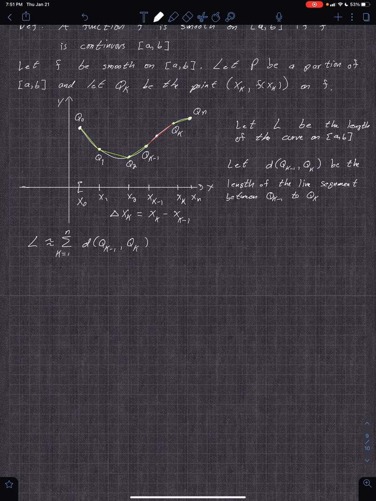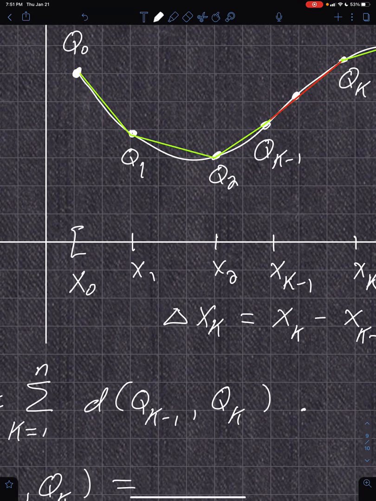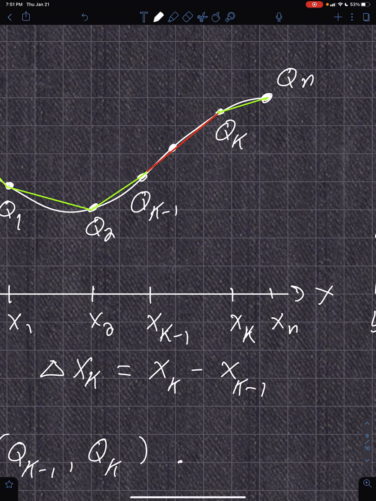So d of q sub k minus 1 to q sub k is equal to, so what is that length when you put in the function values? Remember, just pick this one.